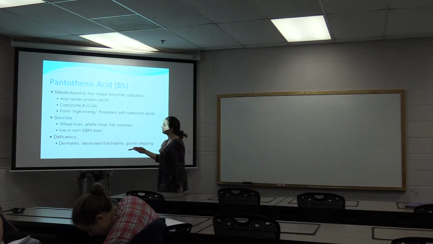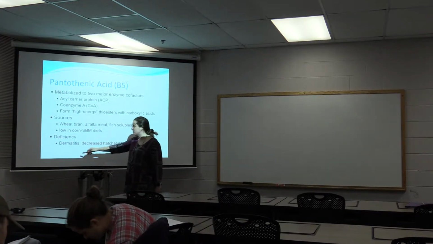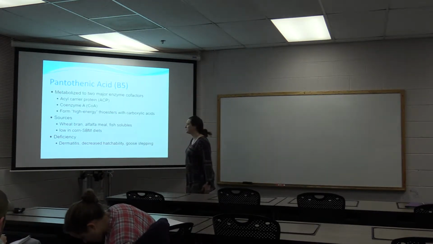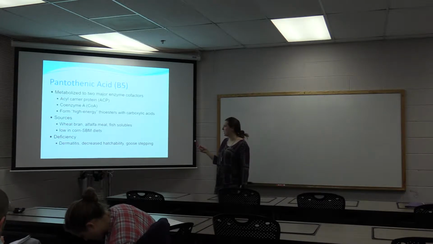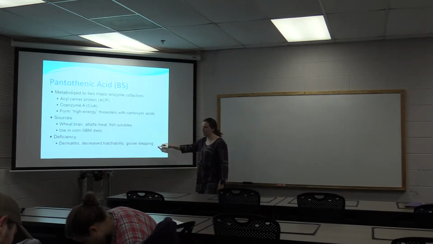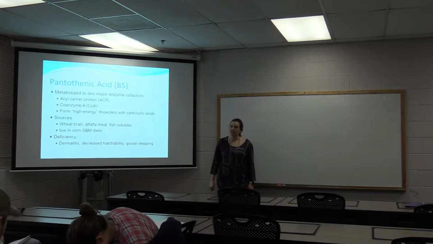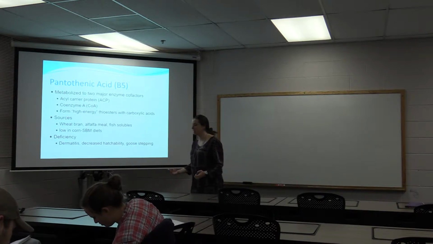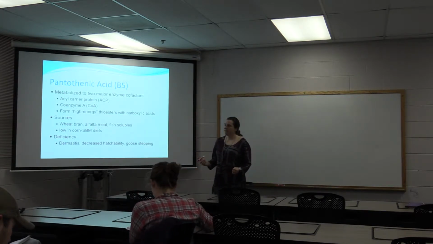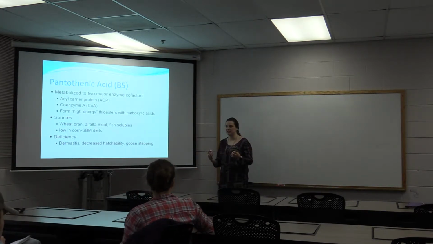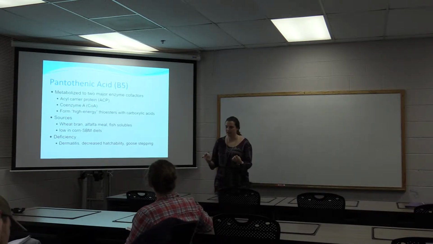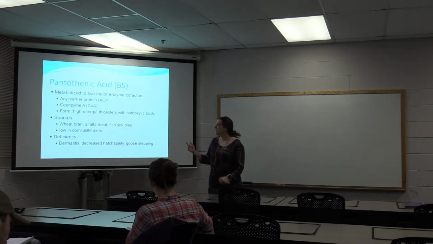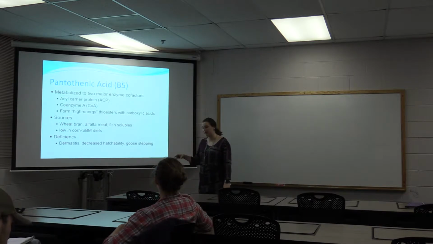But if you do get a deficiency, things are going to be dermatitis. And you're going to get decreased hatchability. And then you get this thing called goose stepping. So the goose stepping, it essentially causes the nervous system to tingle, because it's also part of the myelin sheath.